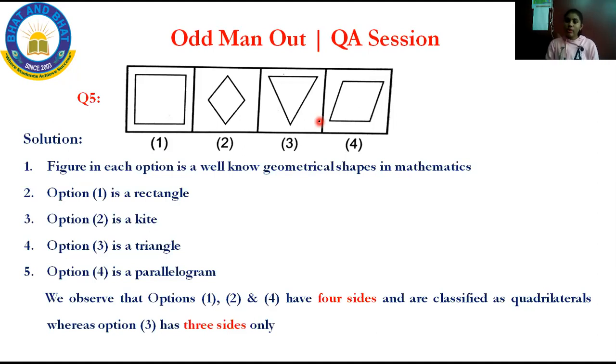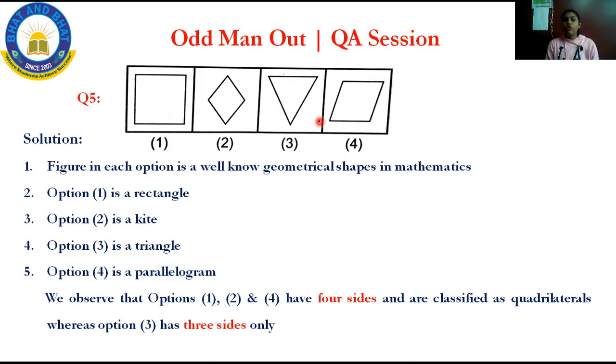Now, come back to the question. Option 1, the rectangle, has four sides. Option 2, this kind of geometrical figure, we'll call a kite, has four sides. Option 4 is called a parallelogram, and this also has four sides. But option 3 has only three sides.